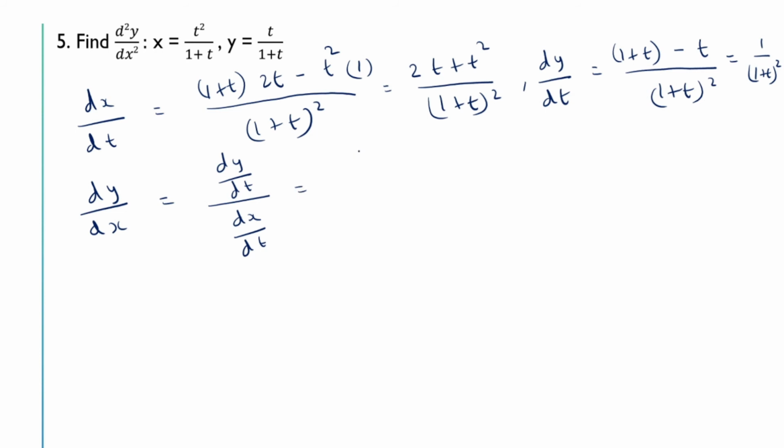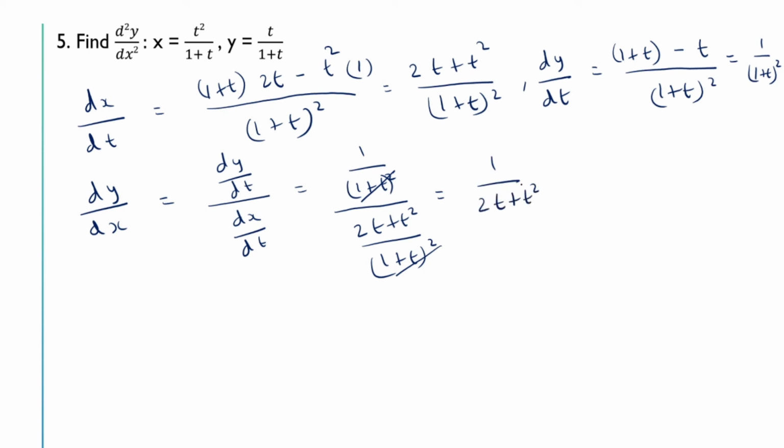Dy by dt is 1 by 1 plus t the whole square. Dx by dt is 2t plus t square divided by 1 plus t the whole square. So these two will go. This is equal to 1 by 2t plus t square.